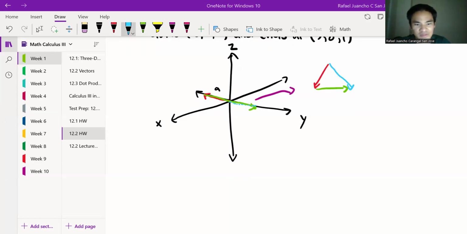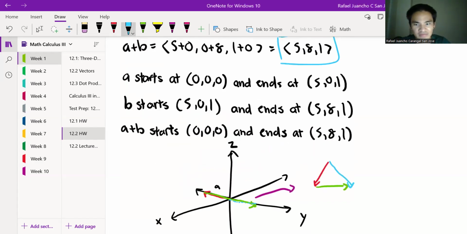Okay, let me just plug in the stuff. So 5, 0, 1, and it ends at 5, 8, 1. And then the A plus B starts at the origin, and it ends exactly at 5, 8, 1. Yeah. Okay. I actually want to see this.